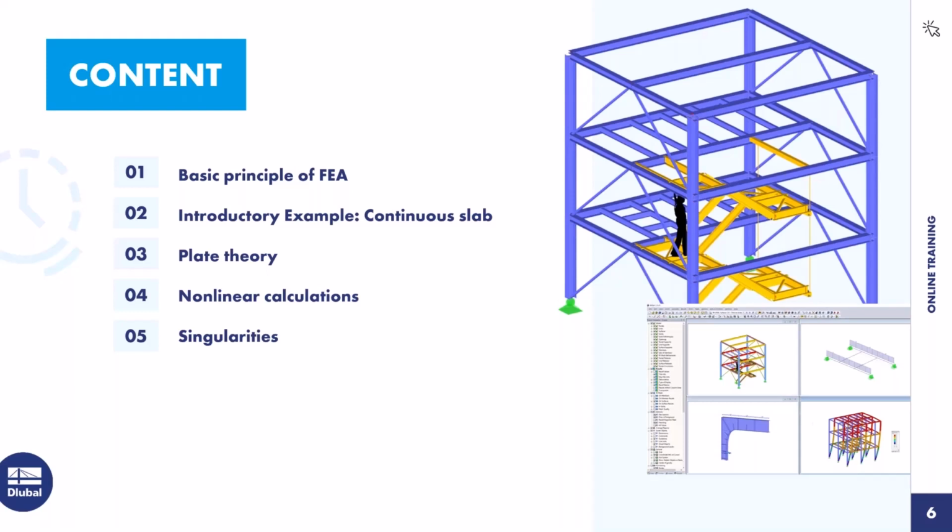Not really hard into theory, but we will show you what RFEM is capable of. And the last thing we will inspect will be the singularities. So one kind of big problem in the finite element analysis. And we will try to figure out how to solve them or at least minimize them.